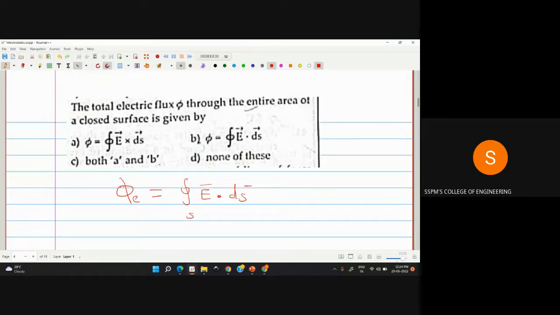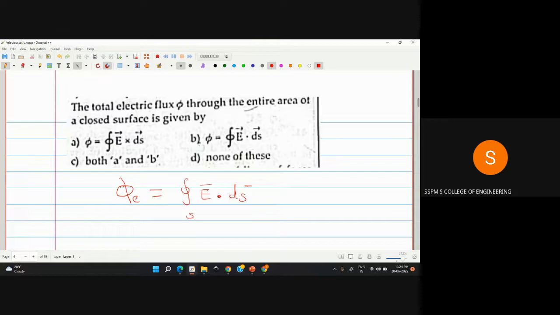The cross product is applicable if the vector is represented by a circular loop, for example, the magnetic field, which is represented by a circular path. In that case, you have to apply the cross product. But we are dealing with the electrostatic field, and the electrostatic field is represented by a straight line. The path is open. For an open path, you have to apply the dot product.